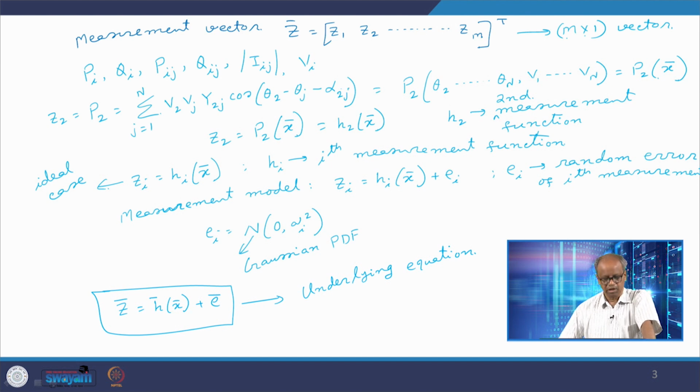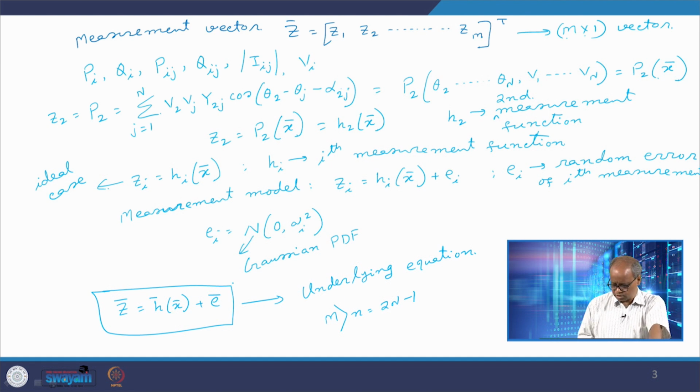Please note that because m is greater than n, that is 2n minus 1, this is an over determined set of equations, correct. So, we really cannot use any technique like Newton-Raphson, because this is an over determined set of equations, and we also have to estimate the values of x hat such that the effect of e is minimized.